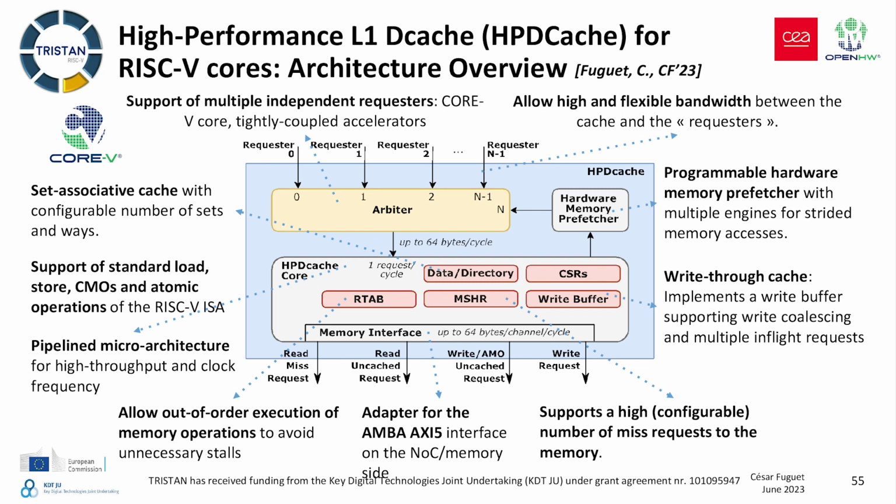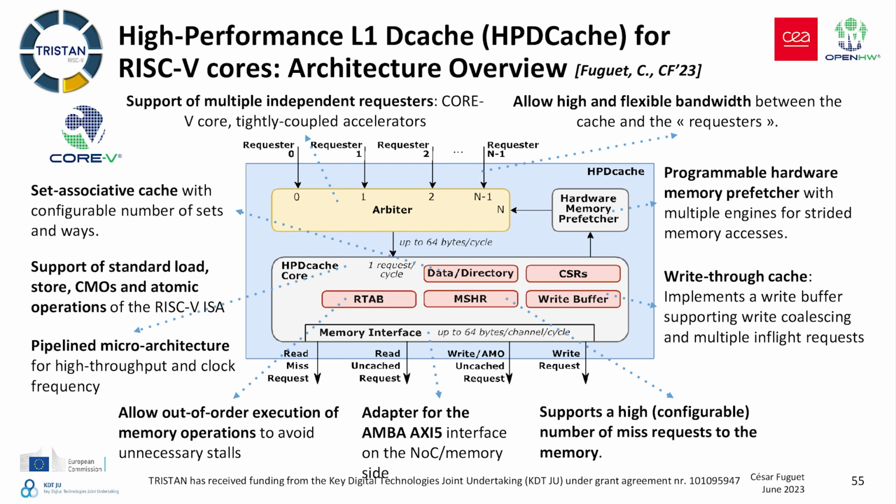Each of these ports is also configurable in terms of the data bandwidth you need. For example, you can have some ports using 64 bits for the load store unit of your core, but if you have tightly coupled accelerators in your core, you can have, for example, 256 bits data width for those if you need a very high bandwidth.